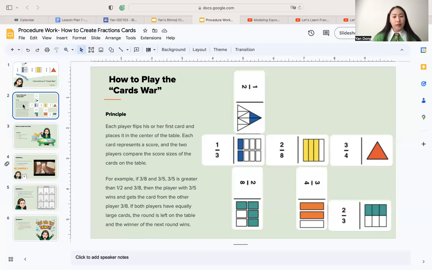That means he or she will get the card of 3/8. If both players have equal value cards, the round is left on the table, and the winner of the next round wins all of the cards on the table.